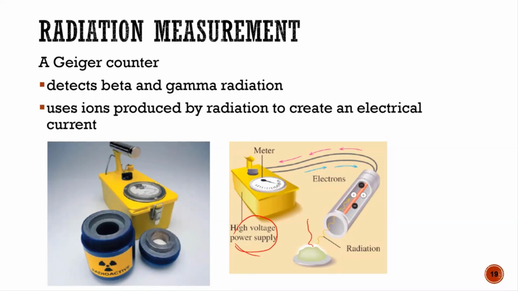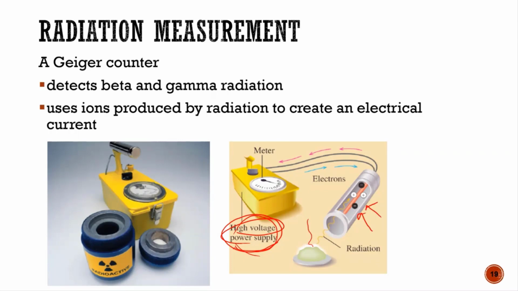And then the detector actually reads those electrical charges and converts it to an electrical signal, which is basically converting it to a voltage. And the Geiger counter reads it and makes a clicking noise.